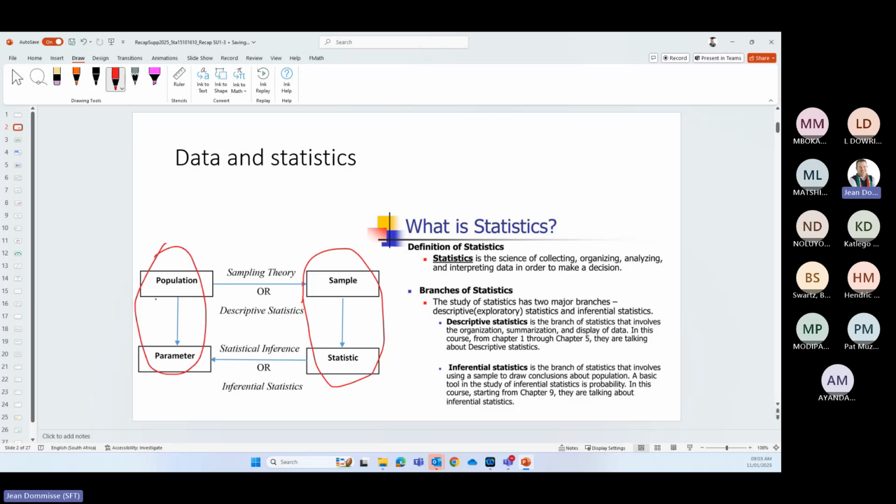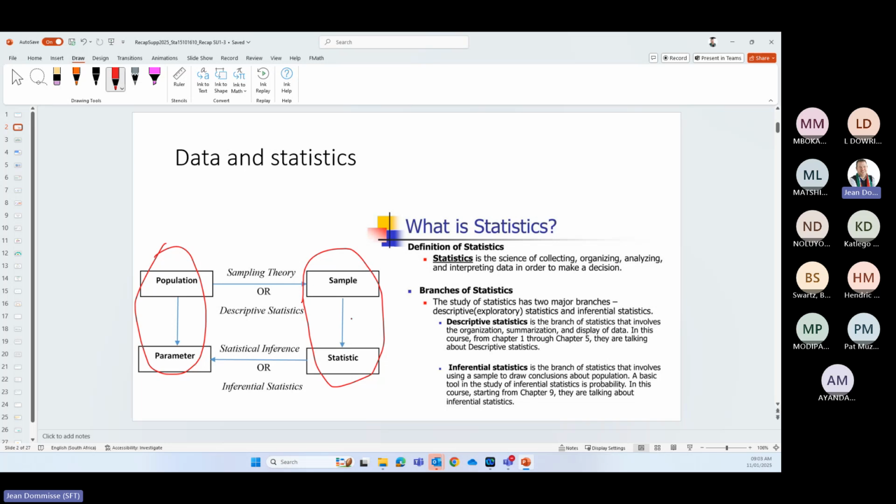When we work with populations, we will always refer to parameters. So parameters will be a population mean, population standard deviation, those kinds of things.